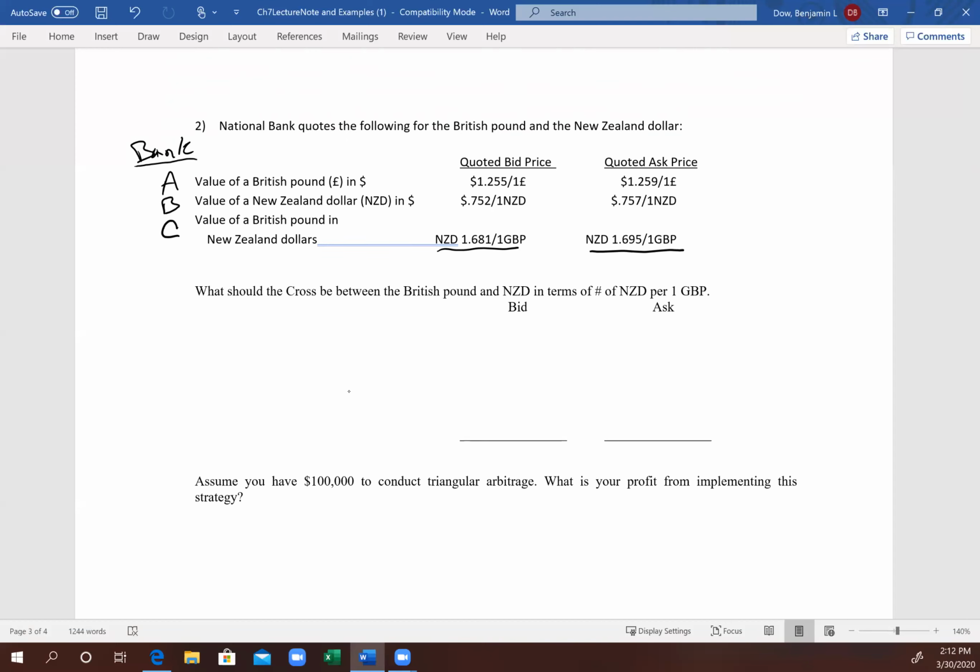So in order to get the ask rate, remember what we're looking for is the largest C. Since we take A divided by B to get C, in terms of solving for the cross rates, we need to figure out how to get the largest C. To get the largest C possible, I need A plus divided by B minus.